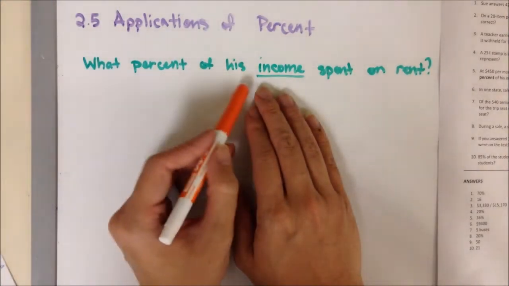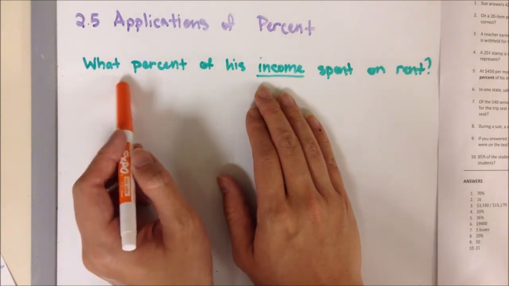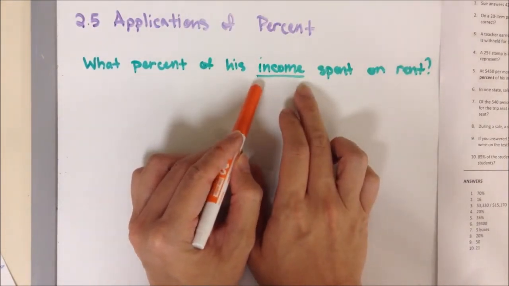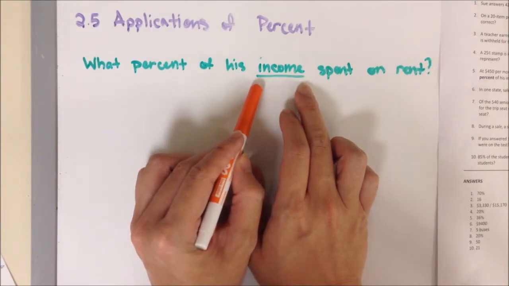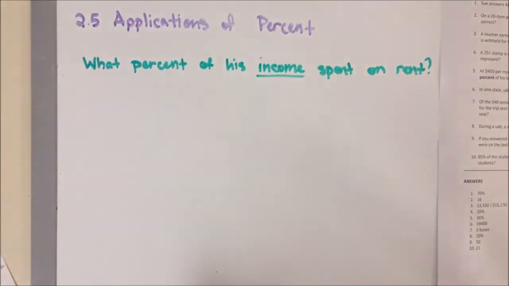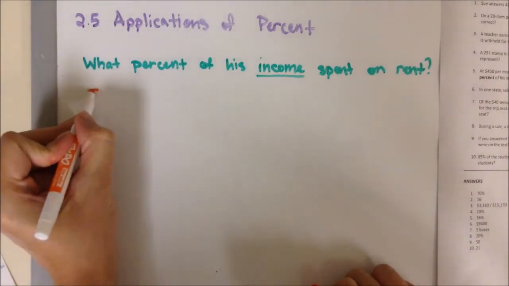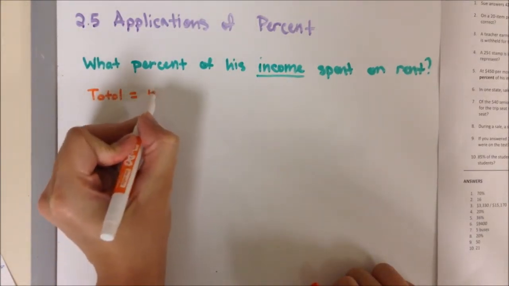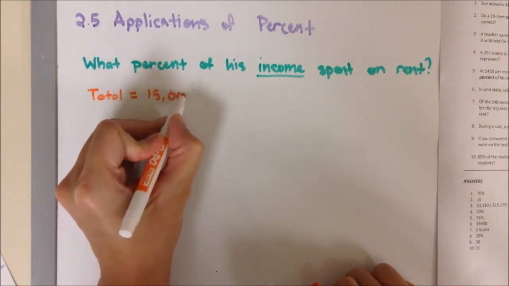What percent of his income? His income, meaning his annual income, $15,000, is going to be his total. So his total is $15,000.